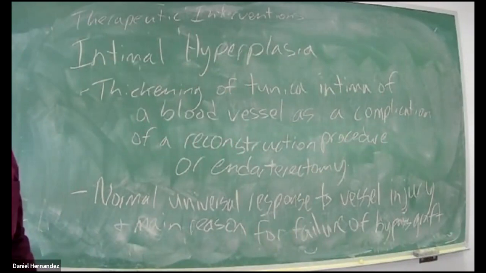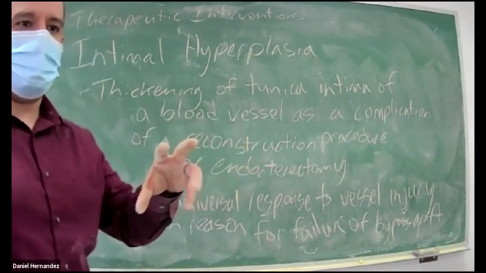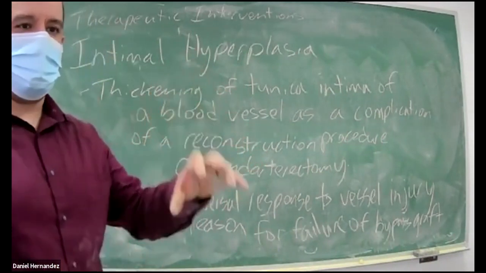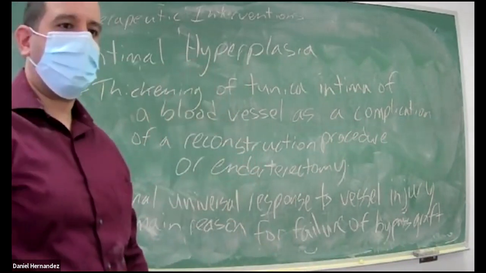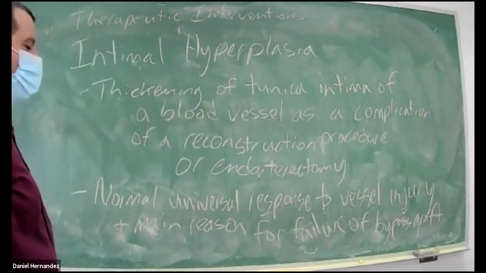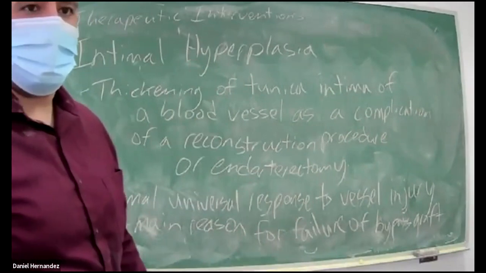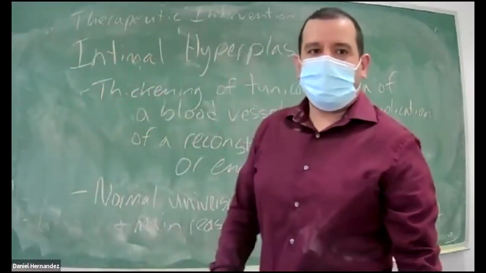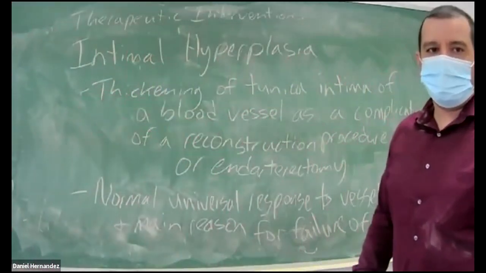So we wind up with this hyperplasia, this thickening of the vessel by the connections, those anastomoses. And when we get that blockage or narrowing of those anastomoses, those connections, we wind up with the graft failure.